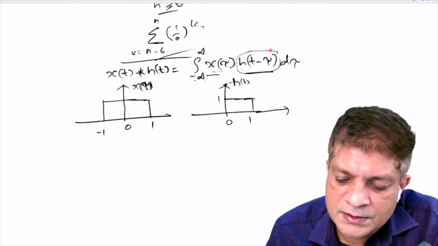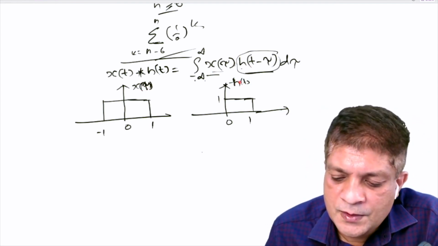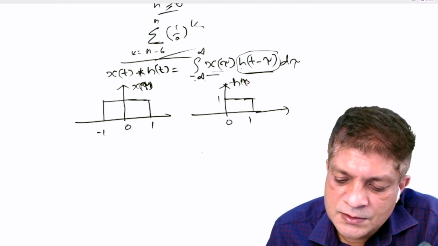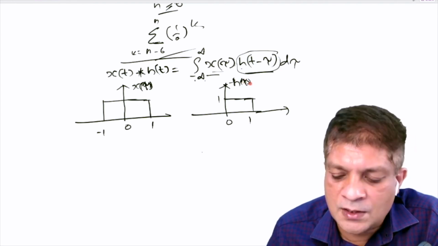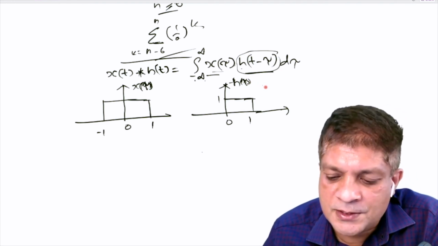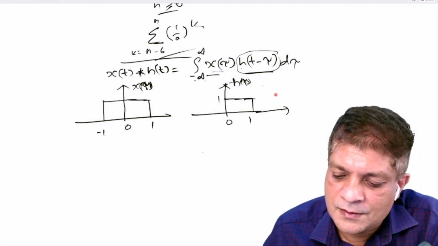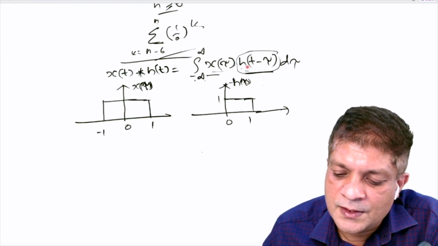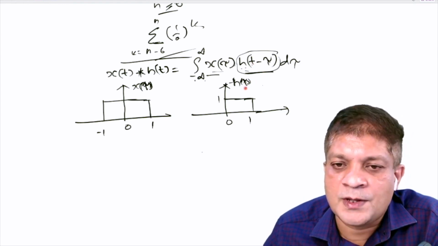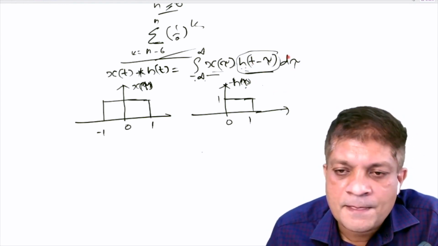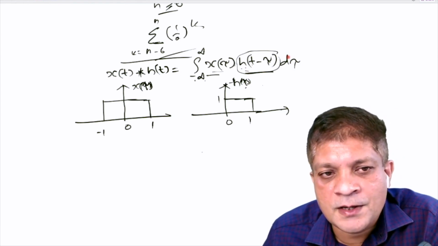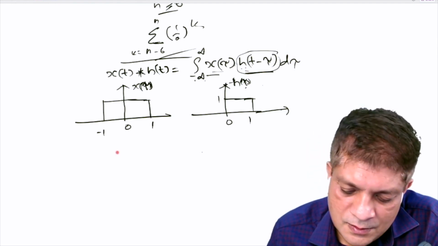Now what is h(t minus tau)? This is h(t). If you change the variable, you will get h(tau). Then what is the next operation? How to get h(t minus tau) from h(tau)? Reflection and delay by what?